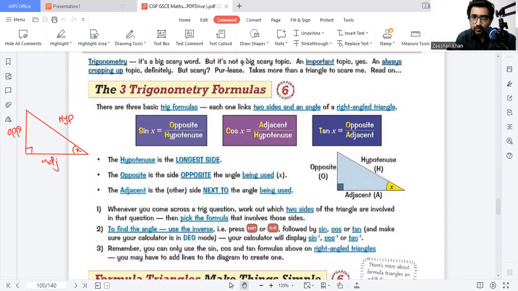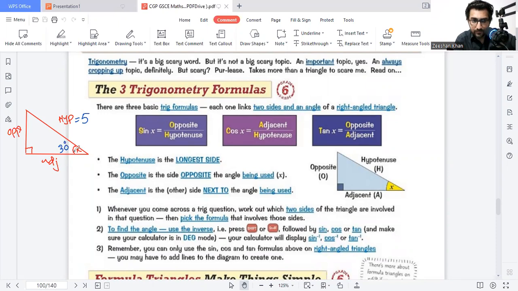In the question, the hypotenuse is given, that is 5, and the angle is given as 30.